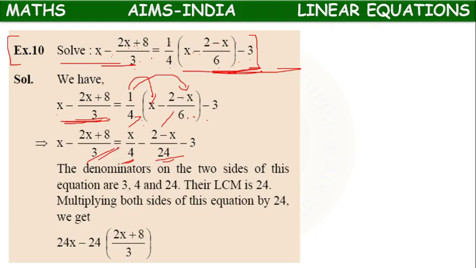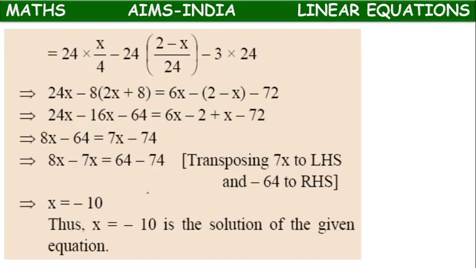Now the denominators 3, 4, 24. Their LCM is 24. With the LCM, we have to multiply on both sides. LHS: 24 into x is 24x, 24 into (2x plus 8) by 3. This is the LHS. And this is the RHS: 24 into x by 4, 24 into (2 minus x) by 24, minus 3 into 24.